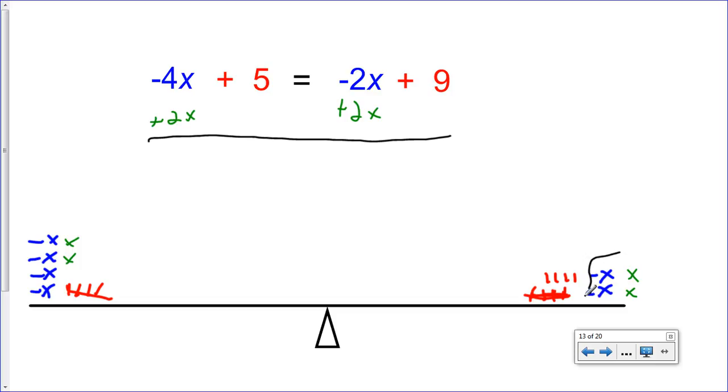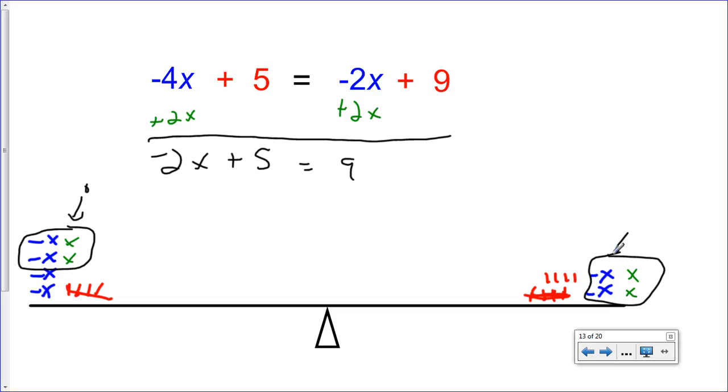Result: 0 plus 9. Result here: 0. Negative 2x is left because 4 negatives and 2 positives is 2 negatives. And it's all about the inverse property.